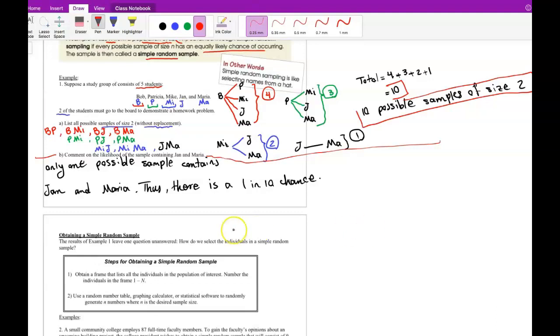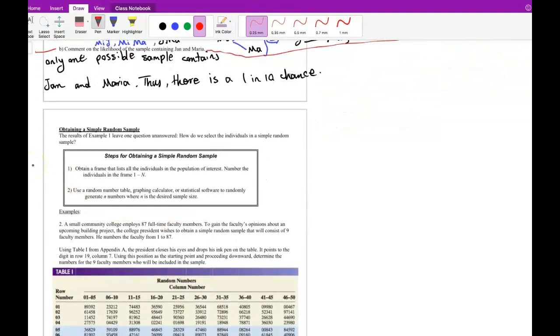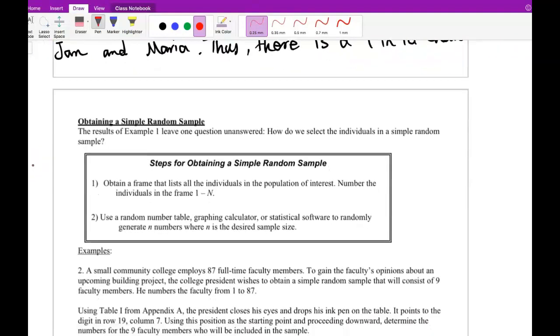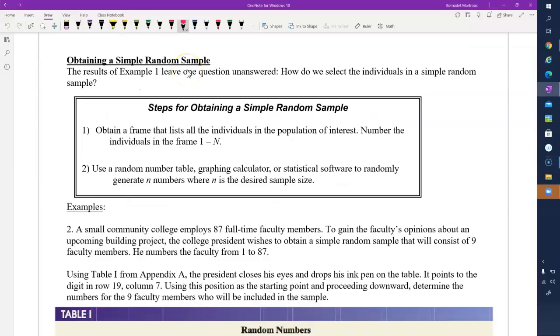Okay, next page. Obtaining a simple random sample. So the question is, how do we select the individuals in a simple random sample? Here we have steps for obtaining a simple random sample.